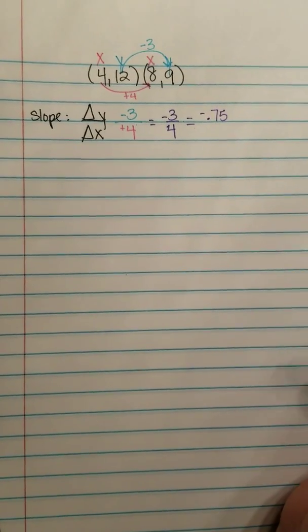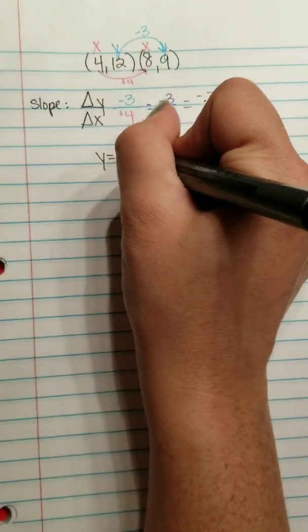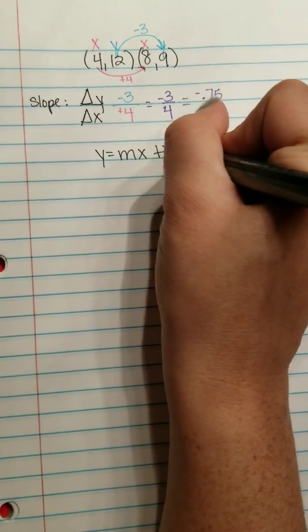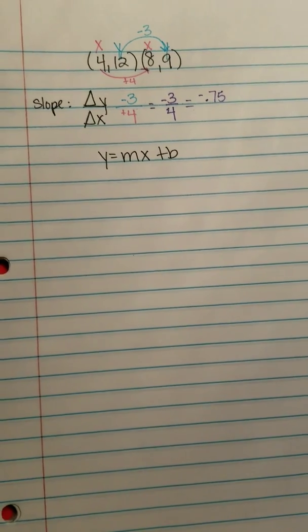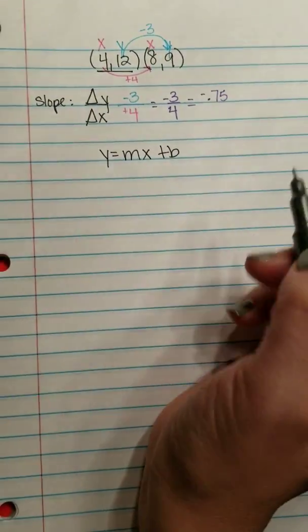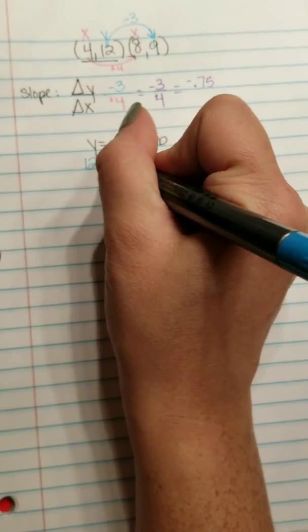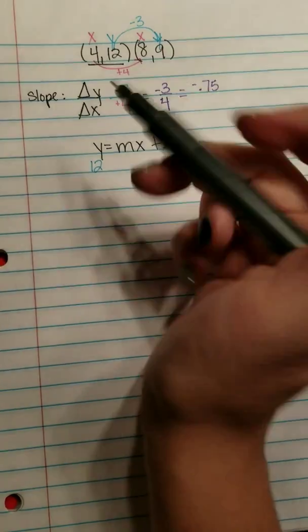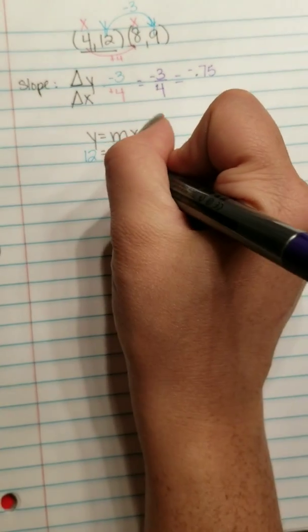So that's our slope. Now to find our y-intercept, we're going to write out our equation, y equals mx plus b, and we're going to replace all of the letters that we know. So again, we want to choose a set of points. I'm just going to choose the first one. And so I know that my y is 12. My m, I know, is a negative 3/4.